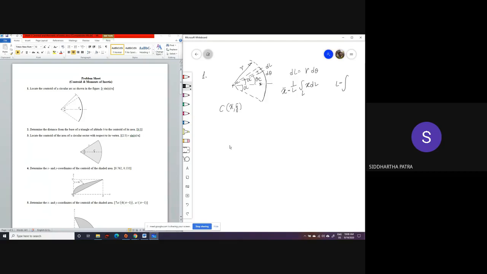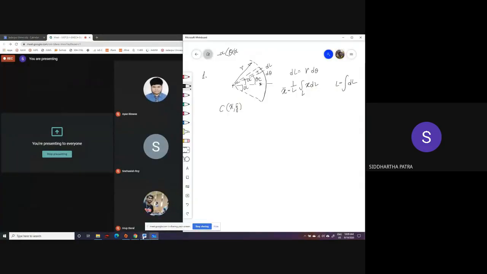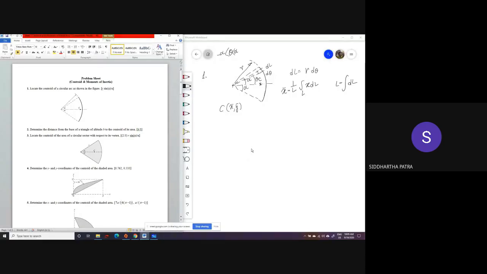So this L is essentially integration dl, or integration r d theta, where theta lies between minus alpha and alpha, which is twice alpha r. And similarly, the definition of y bar goes like this: 1 by L, integral of y dl.